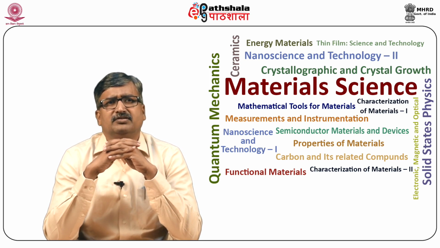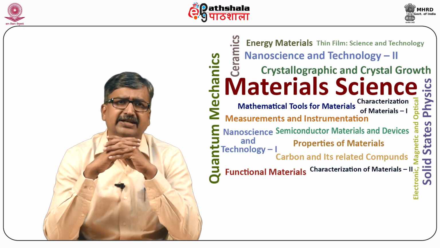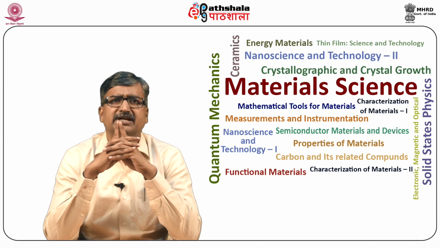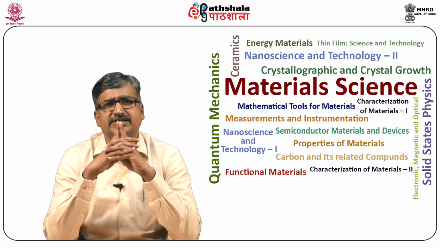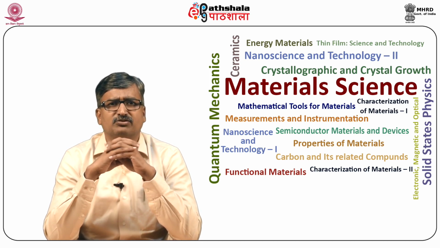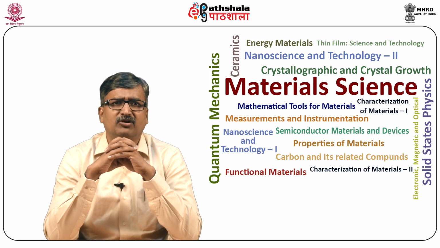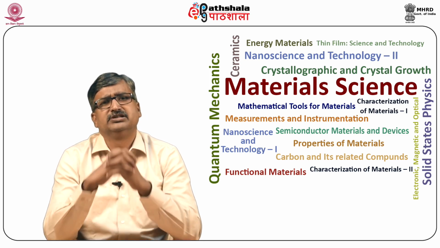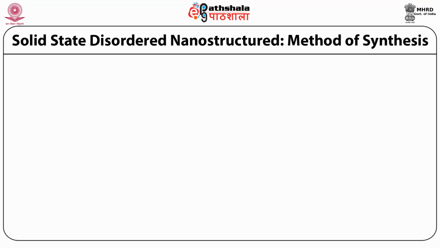These are, first, mechanical properties of nanostructure material for a variety of potential structural applications. Second, ferromagnetic material with nanoscale microstructure for potential application in soft magnetic material and permanent magnet material, and for other special applications such as information storage, magnetoresistance, spin valves, and magnetic nanocomposite refrigerants. Third, solid state disordered nanostructures and their methods of synthesis.